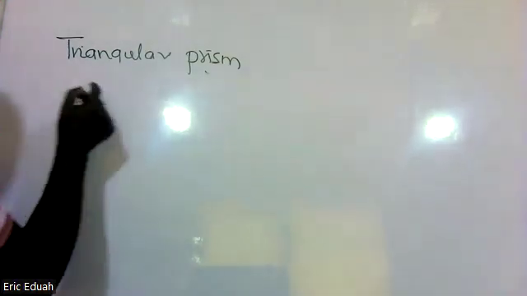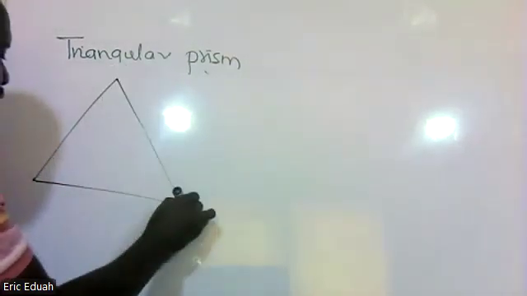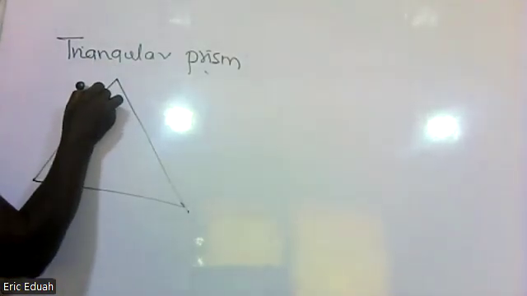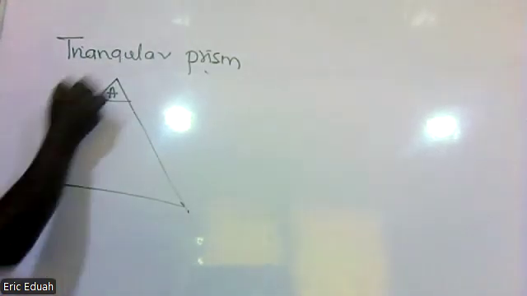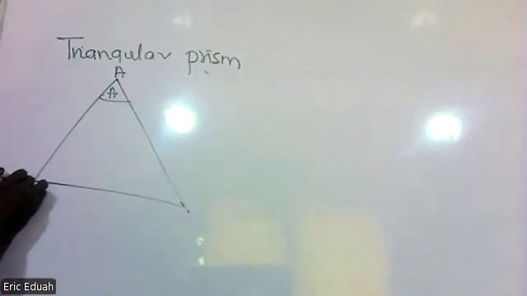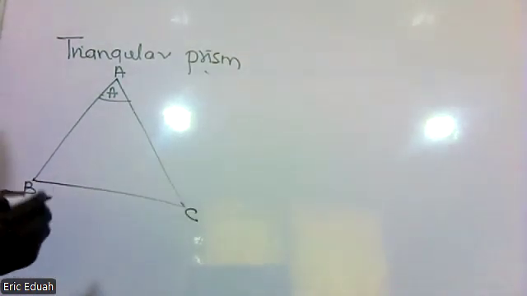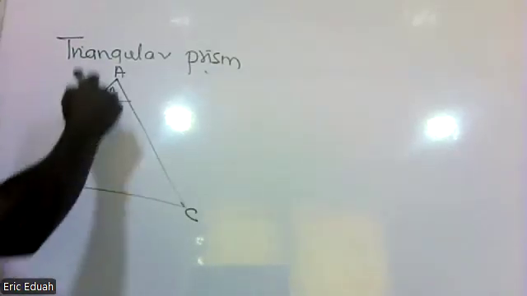Okay, so we have this as the triangular prism. Refraction angle of the prism is A. We have this side B. We have this side C. So the refracting planes are AB and AC.